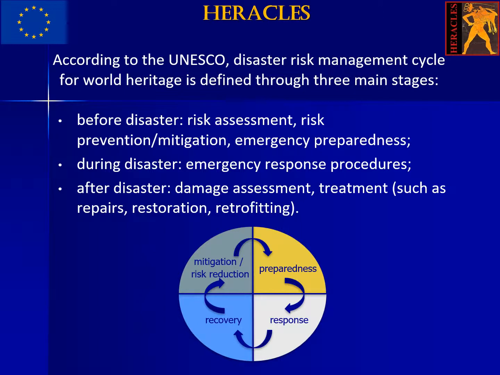Finally, the third stage is one after a disaster and is related to damage assessment, treatment, such as repairs, restoration, retrofitting, and so on. However, the procedures related to long-term management in the context of climate change-induced impacts are parts of the before disaster stage, particularly prevention, risk assessment, and mitigation.